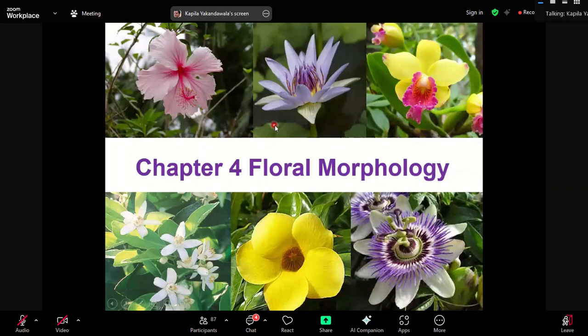With that, let me move to the fourth chapter. So in the previous chapter, we discussed leaves, stems, and roots. Now, flowers, floral morphology.